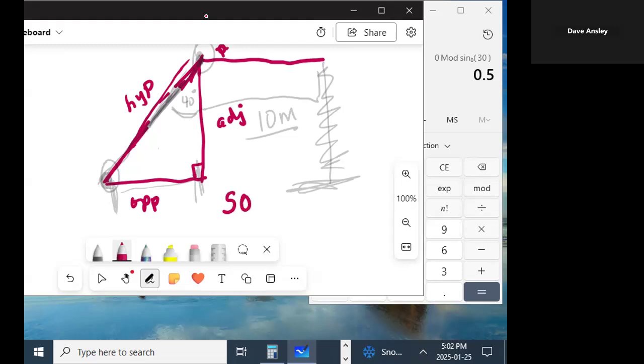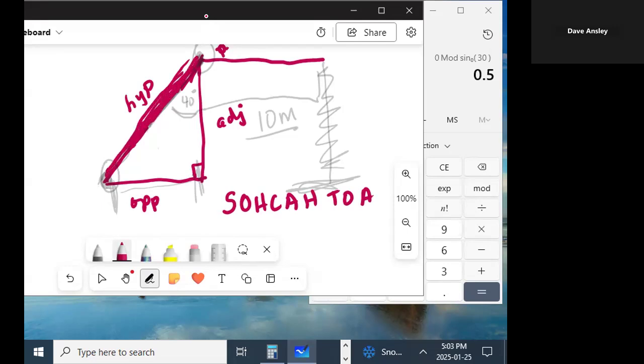So when you write the word, we're going to write the word tangent. Oh, no, wait. We're looking for the sine. You're not interested in the opposite. You want this cable length.